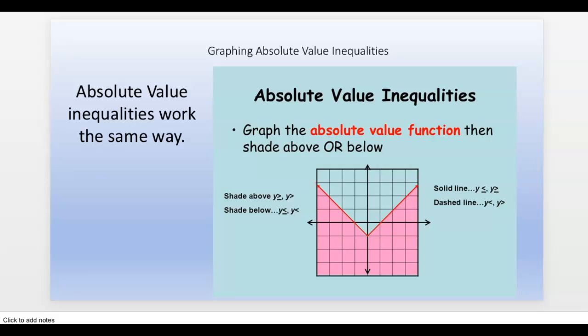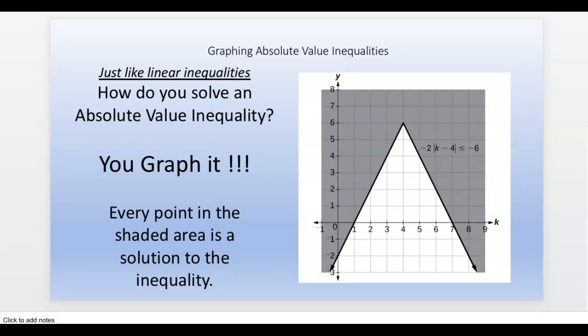Guys, absolute value works very similarly. You shade above or below the line depending on which way it points toward the y. And it's either a solid line or a dotted line, depending on if it's included in the solution. Basically, how do you solve absolute value inequalities? The same way we did with linear.